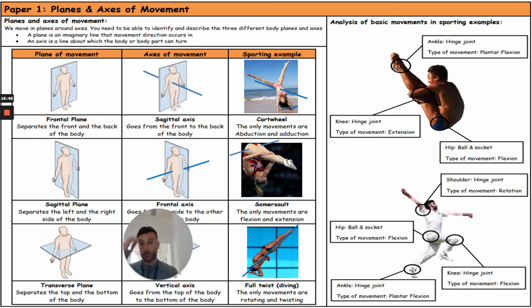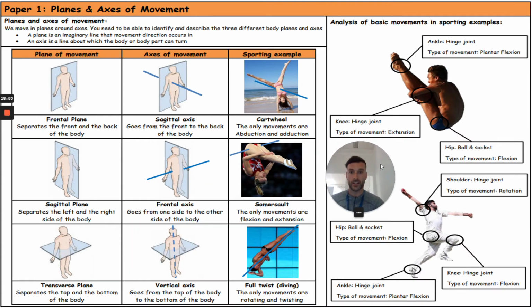And the transverse plane is basically sort of rotation movements. Okay, so twists. Got the axis. The axis are the opposite. So the sagittal axis is doing a cartwheel. Okay, so it's a cartwheel. So the cartwheel is the frontal plane sagittal axis.